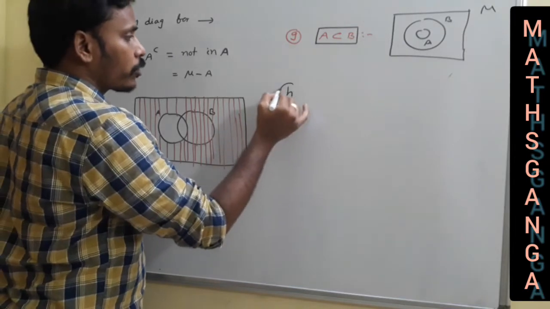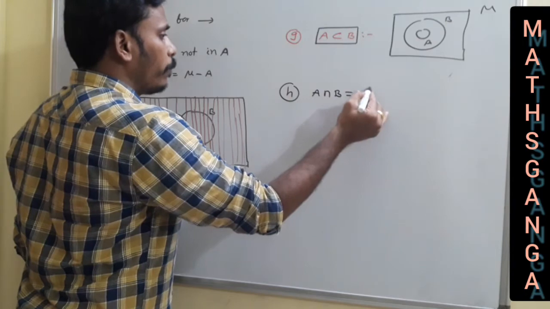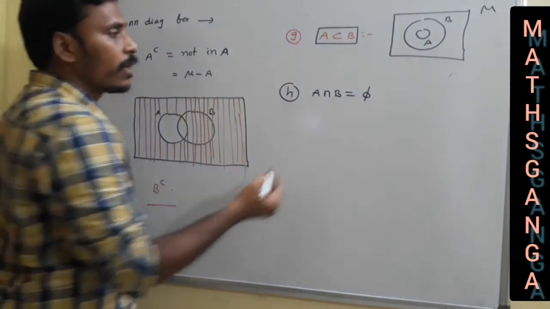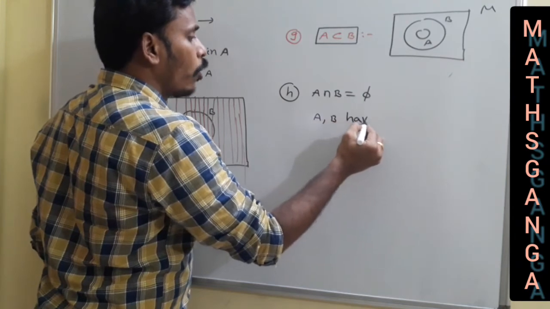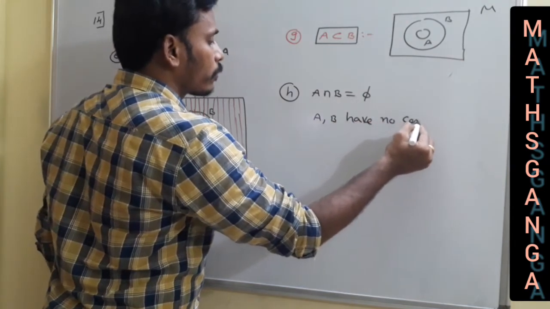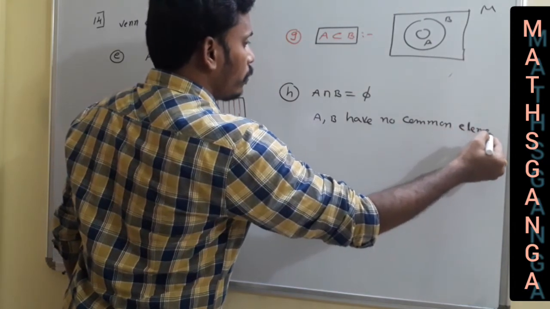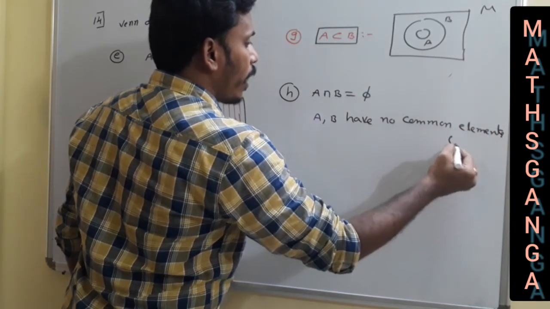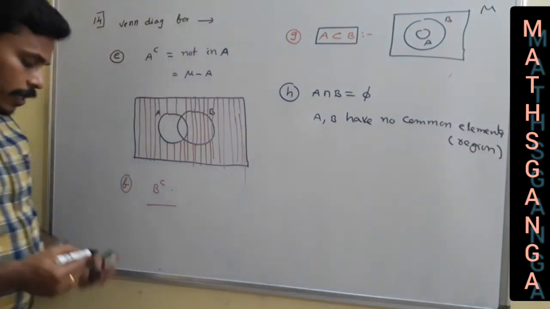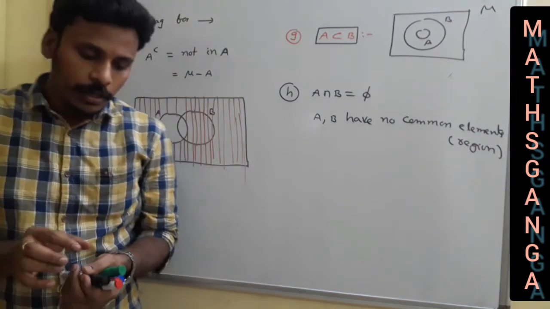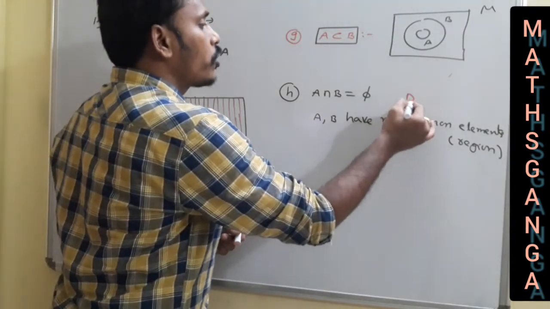Okay. Then H. H means A intersection B is equal to empty. A intersection B empty means A, B have no common elements. And coming to the Venn diagrams, A, B have no common region, and such sets A, B, if they have no common elements, are known as disjoint sets.